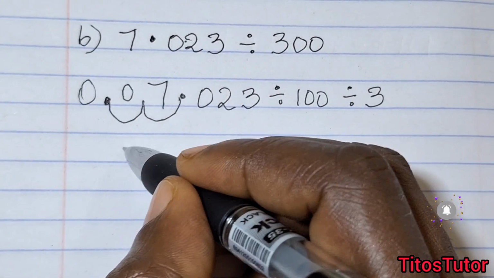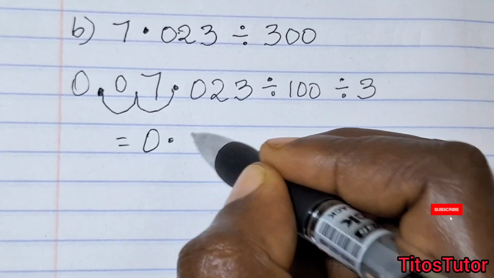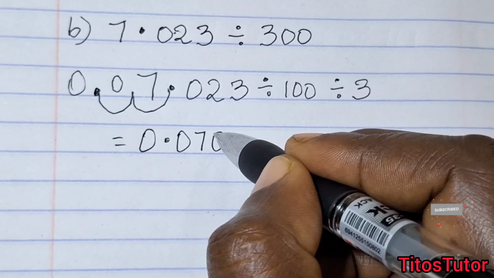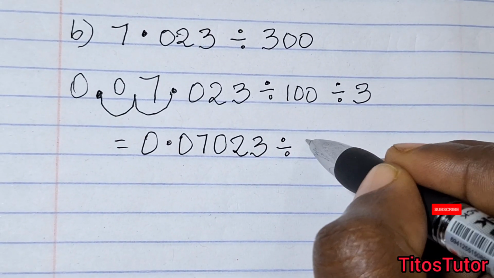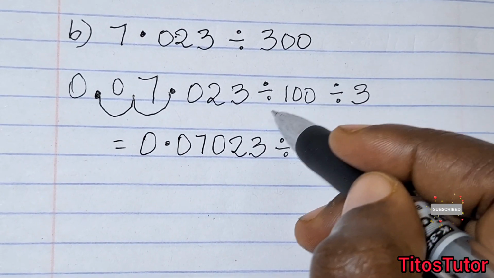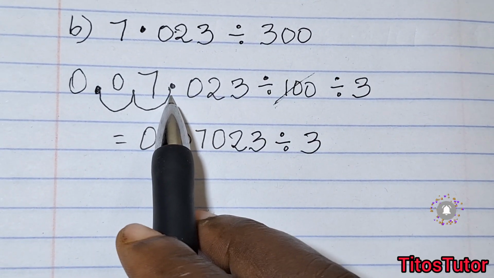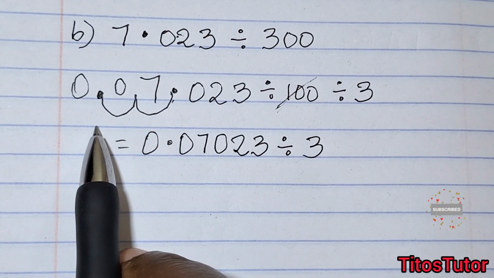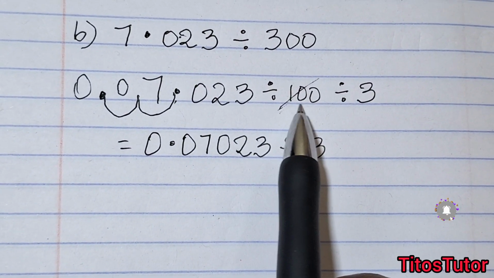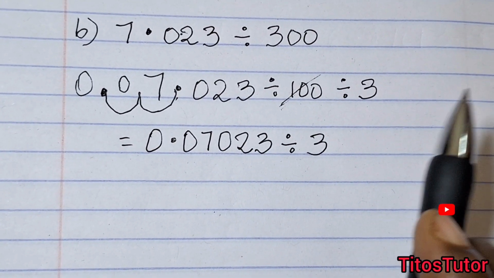So this is the same as 0.07023 divided by 3, because taking the decimal point 2 places to the left means divide by 100. So now I'm going to divide by 3.